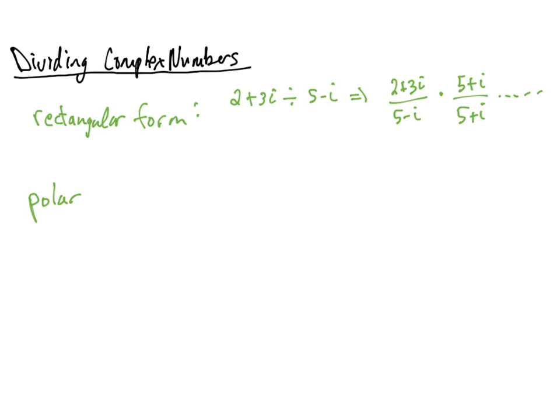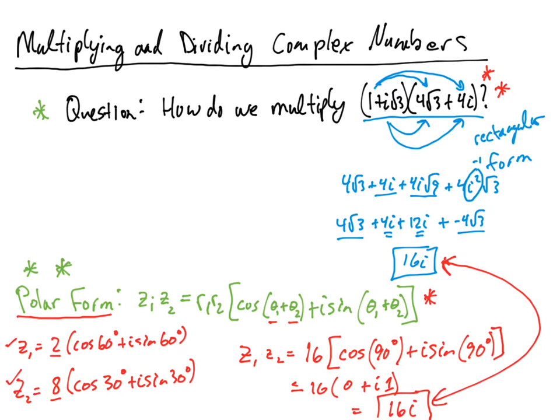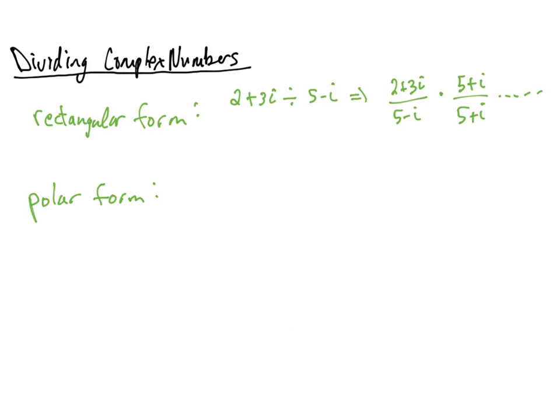If we're in polar form, we're going to use a similar idea to what we saw back here. Remember, back here we multiplied the r values and we added the angles. Now what we're going to do is, if I have z1 divided by z2, we divide the r values and we subtract the angles.